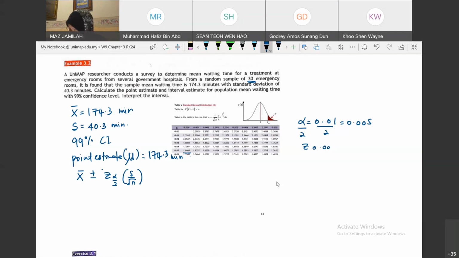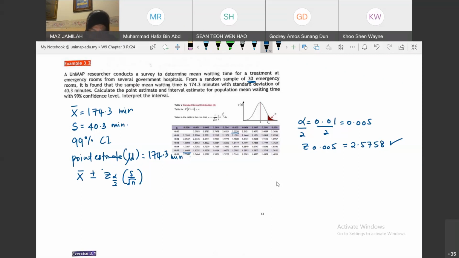Divided by 2, 0.005, right? 0.005 is equal to 2.57, what is that, 58? Okay, 2.5758, right?